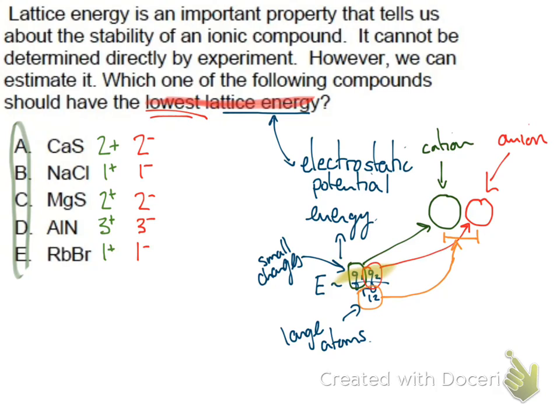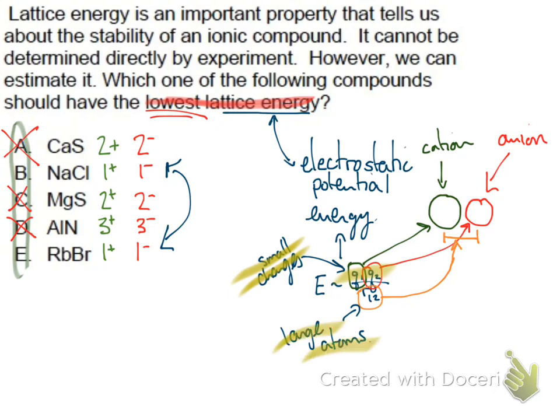Immediately we can cross off anything that doesn't have the smallest charges, right? We know that it's the small charges that give rise to the correct answer, the lowest lattice energy. So let's get rid of A, let's get rid of C, and let's get rid of D. Now we need to consider the right answer between B and E, and our remaining consideration is to look for large atoms.